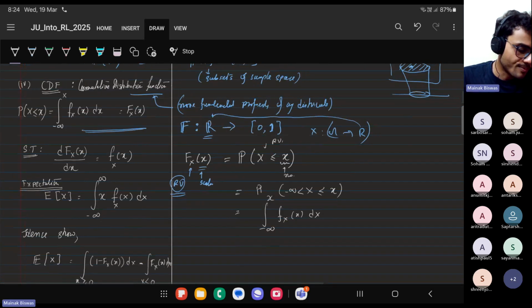Fine. So what I now want to do is relate them. Integral one I know already. I want to show that the derivative of the CDF is the PDF. How can I do that?